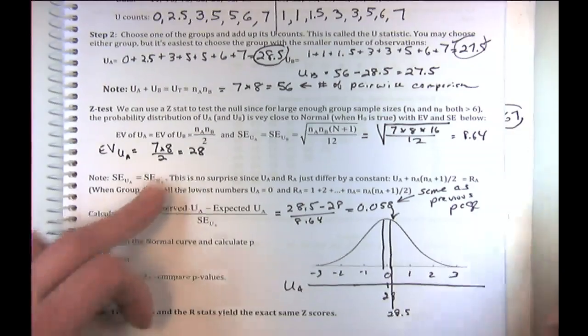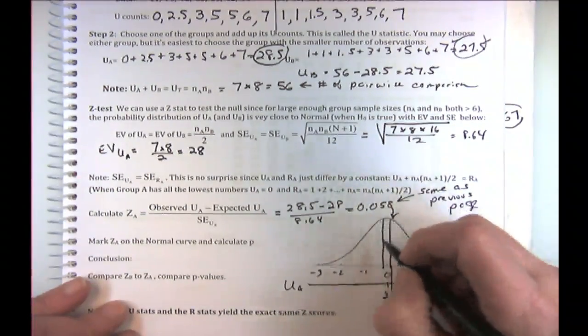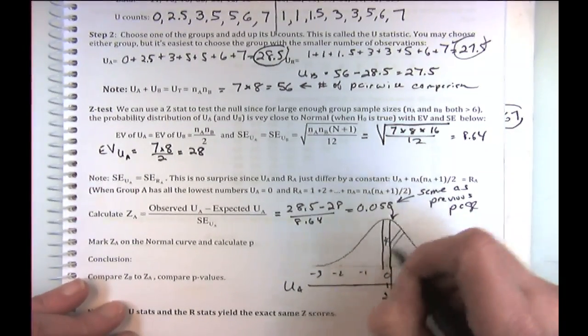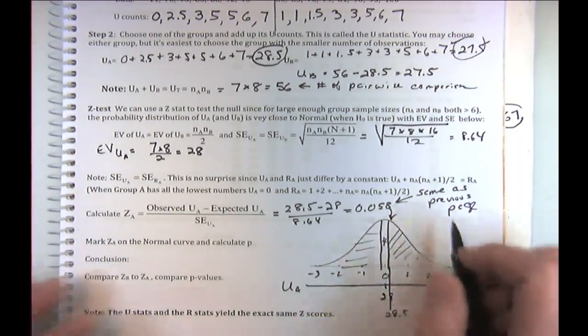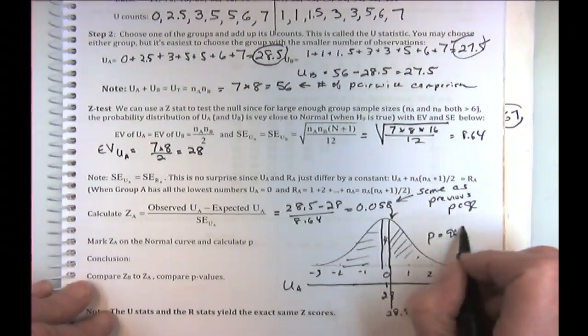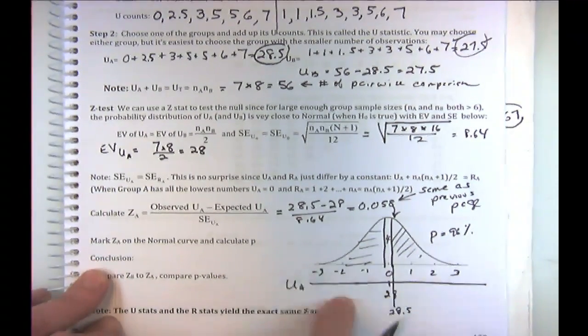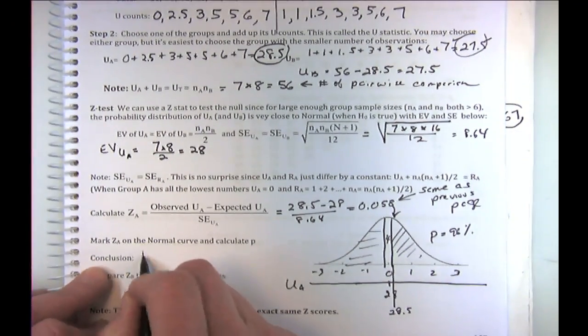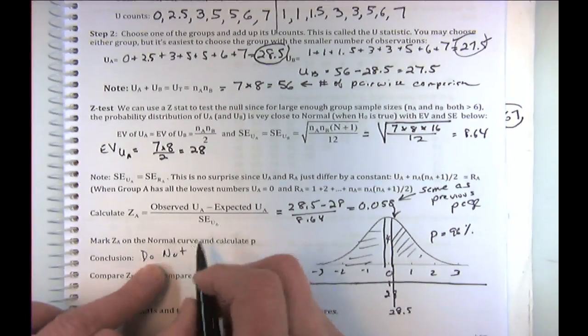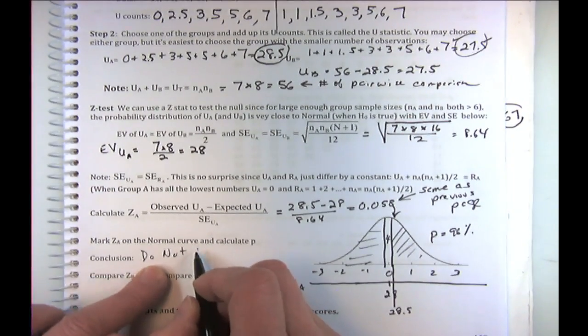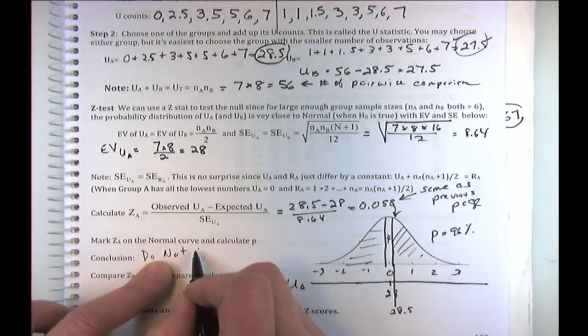You still have the 4% in the middle, so we're still going to have a P of 96%. It'll be the same. And the conclusion's the same. Don't reject the null. Of course don't reject the null. These groups are very similar. There's a 96% chance we'd get this big a difference just by the luck of the draw.